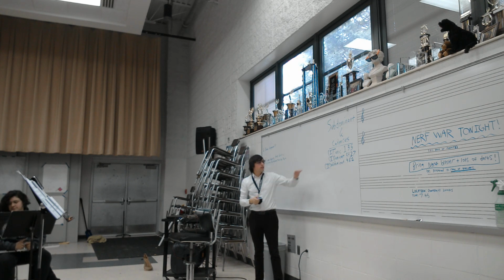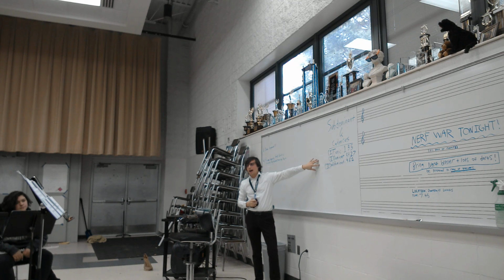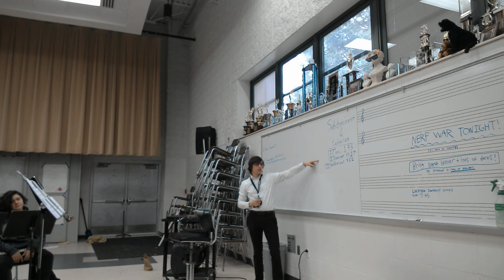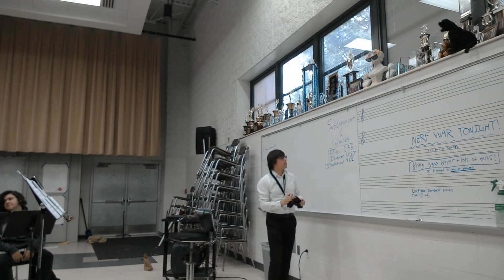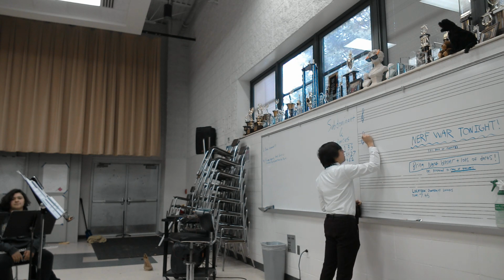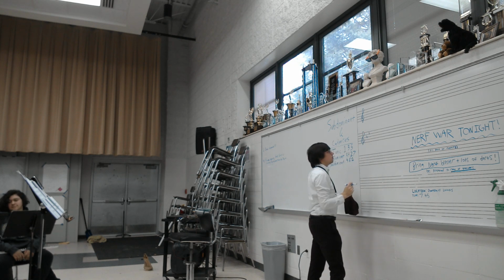Subdominant then is a new little chord that we can add to make our normal chord progression more interesting. It's a chord based off the 4th note. So say we have B flat.